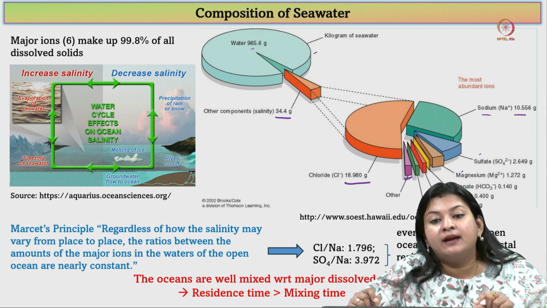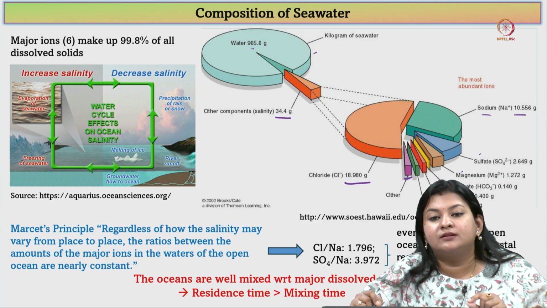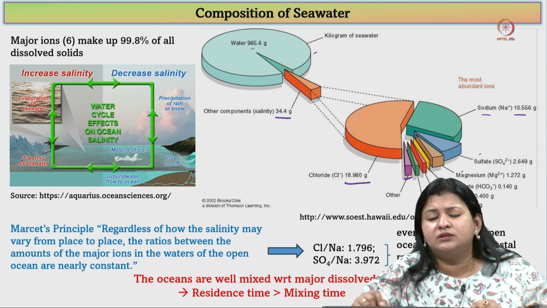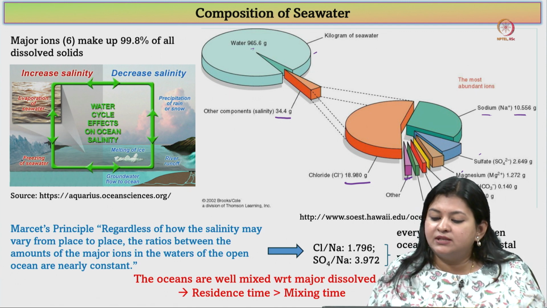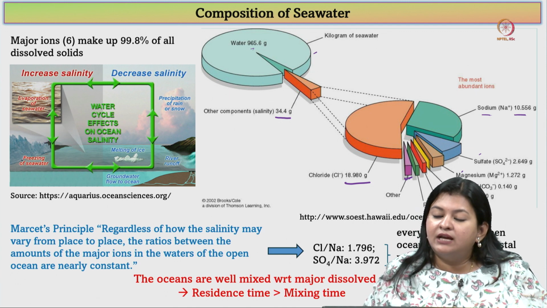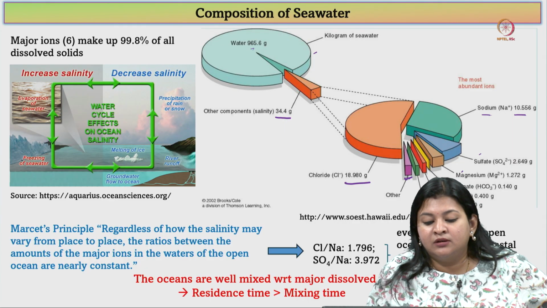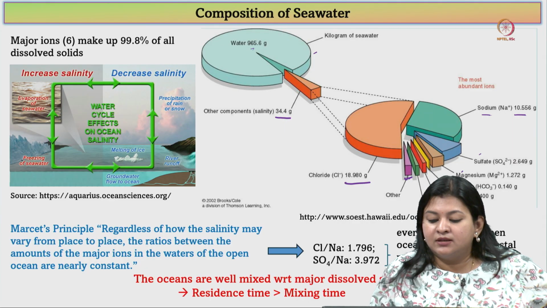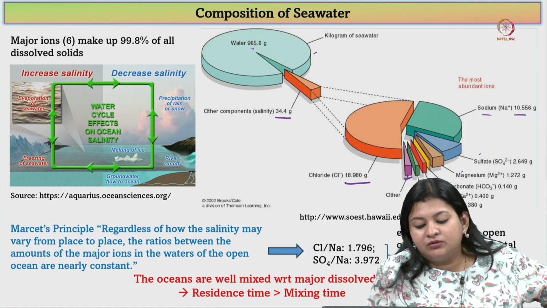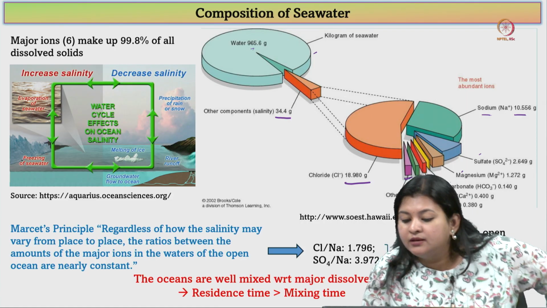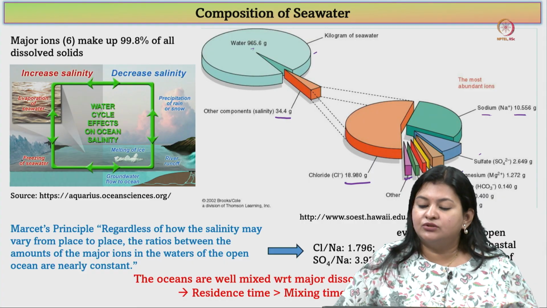So, this is the minor and the trace elements. Okay. So, this is extremely low. Just imagine, more than half of the total dissolved solids is just chloride, and the other big chunk is sodium.